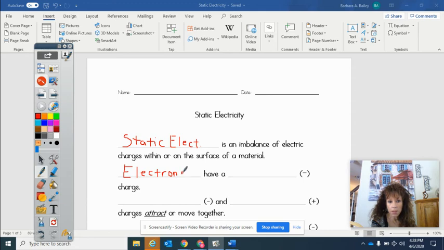And electrons have a negative charge. And the way that we'll show that more easily than writing the word negative, that's an E. Negative.